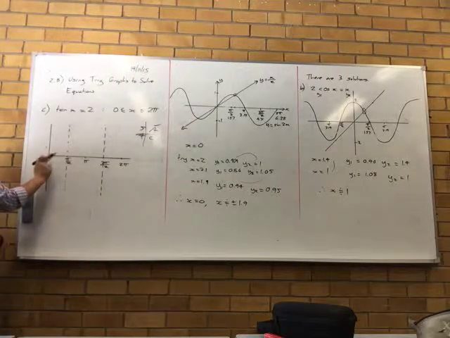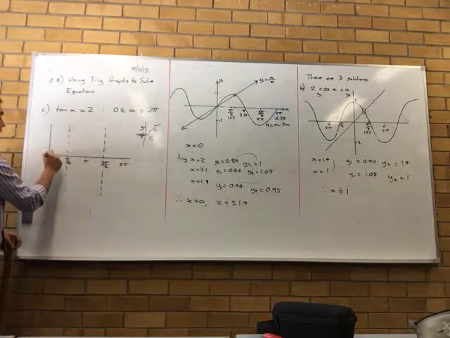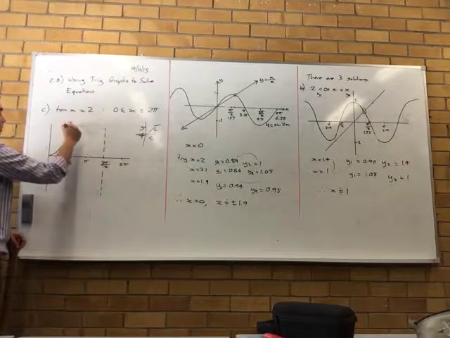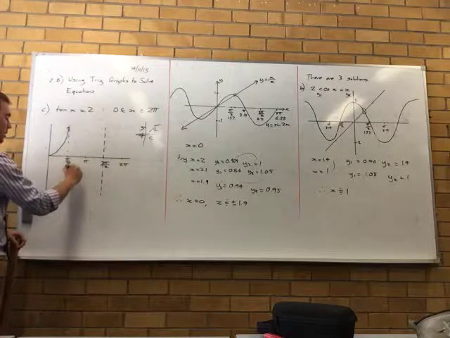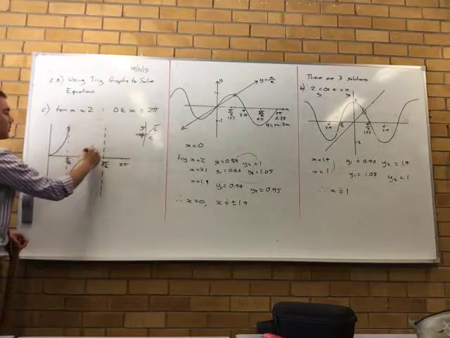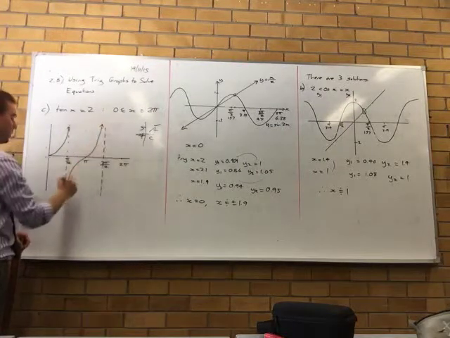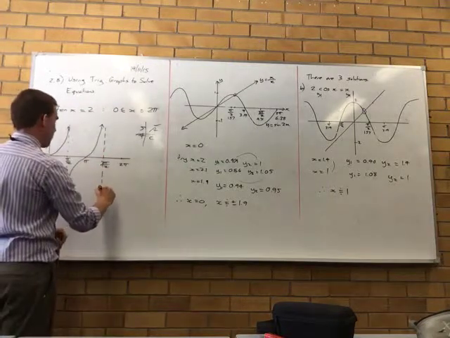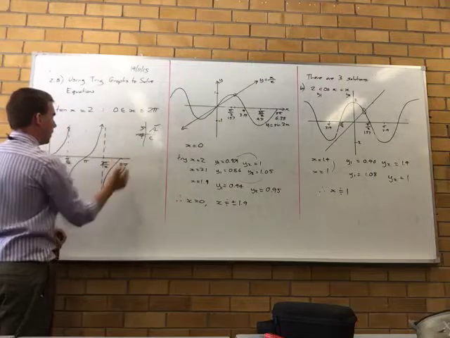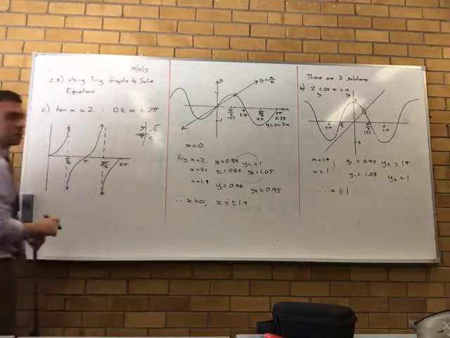So in the first quadrant, between 0 and pi on 2, tan is positive. And then in the second, between pi on 2 and pi, it's negative. So you're drawing a cubic sort of curve through that section there. And then the fourth quadrant, up to 2 pi.